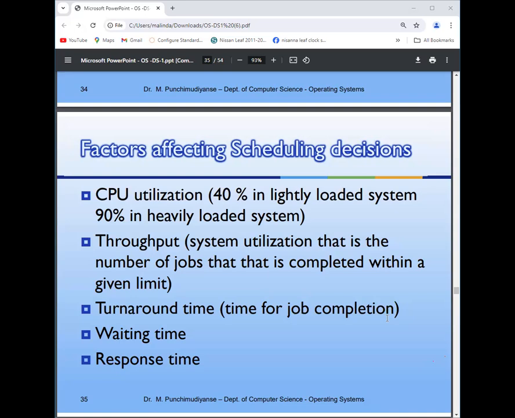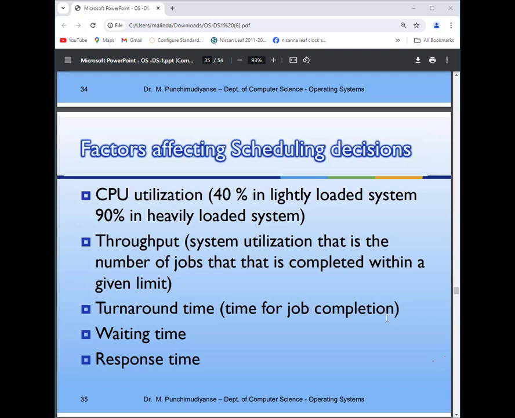Then the waiting time. When the CPU works with multiple jobs, one job runs at a time, and the others have to wait. If this waiting time is a larger number, then the process is waiting in an idle situation without actually doing anything important. So this waiting time has to be minimized when we are scheduling the jobs onto the CPU. And the final point is called response time.